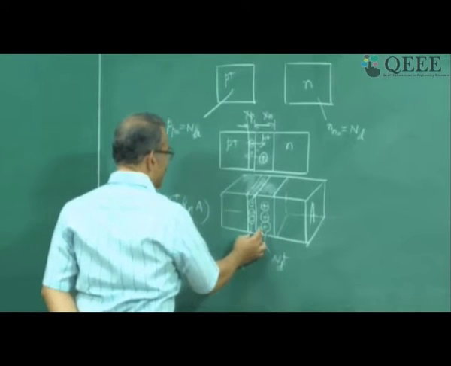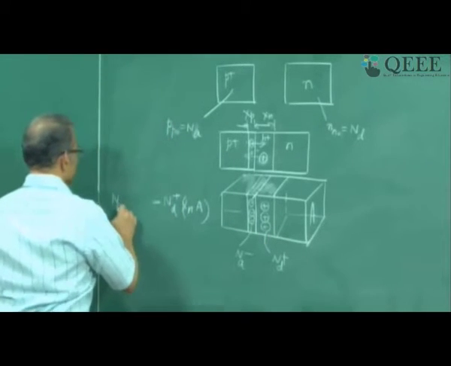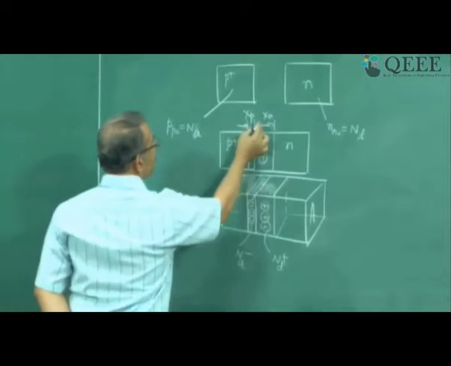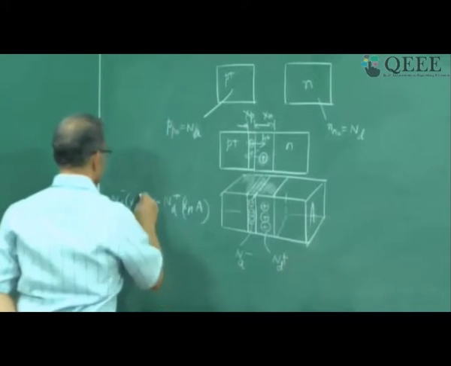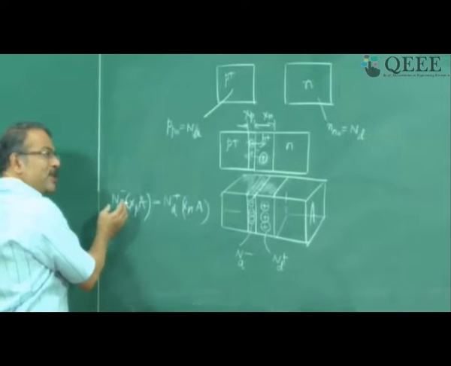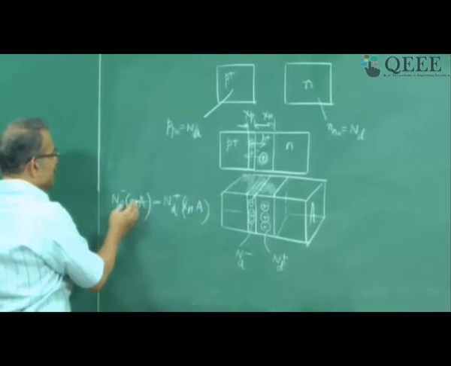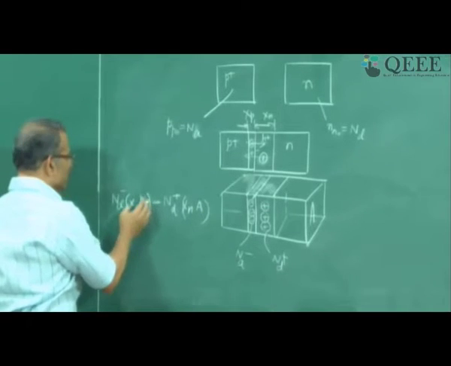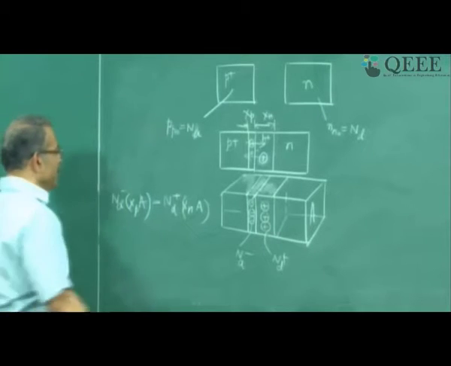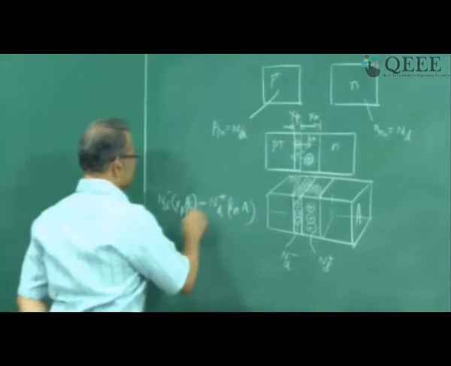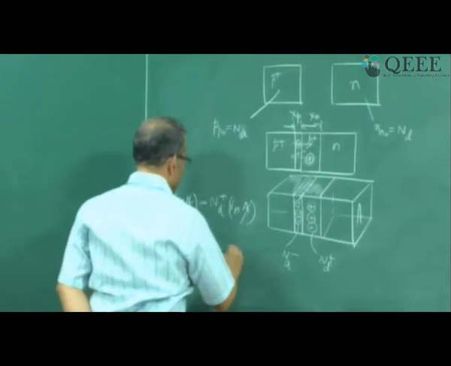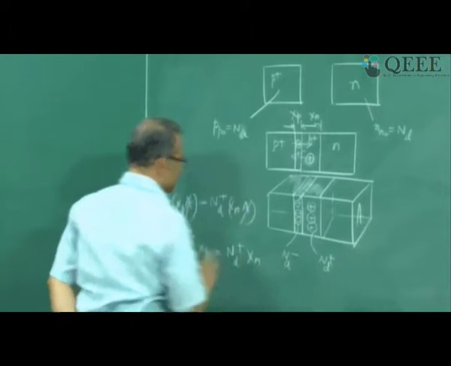I can similarly write the charge on the p side: NA minus into the width Xp into the area A, that is volume. NA minus is the charge concentration, charge per unit volume, and Xp into A is the volume. Similarly this is a number. Now if I cancel A, I get NA minus into Xp is equal to ND plus into Xn.